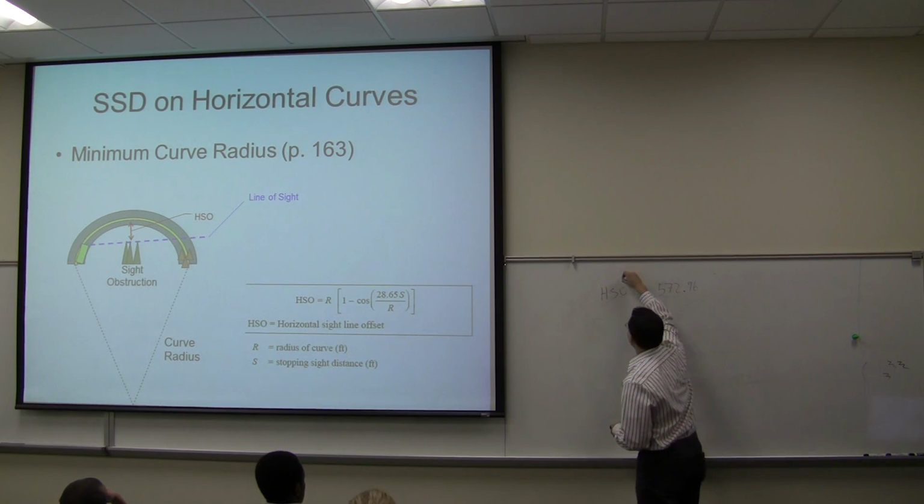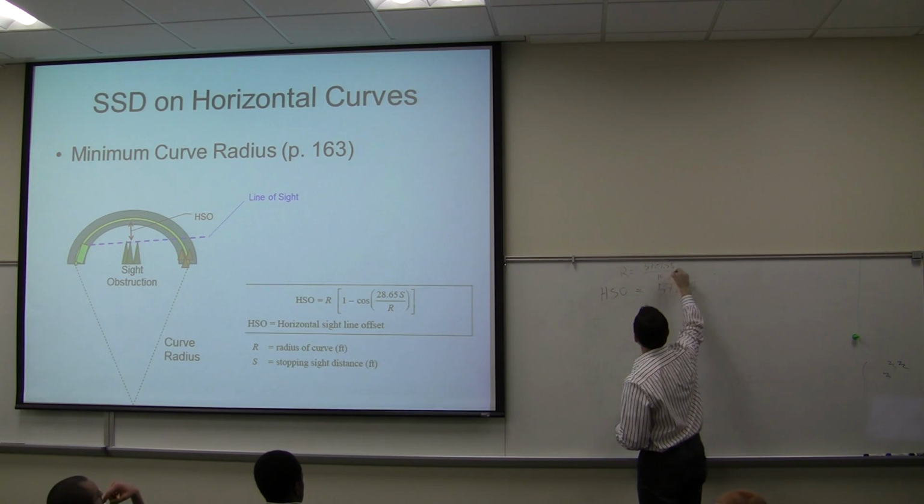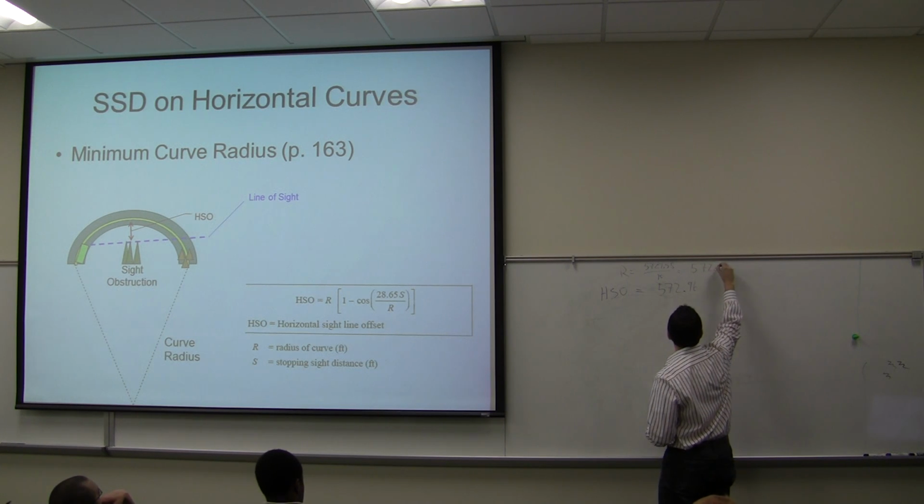The radius is 5,729.58 divided by 10 from a couple problems ago. That gives 572.96.